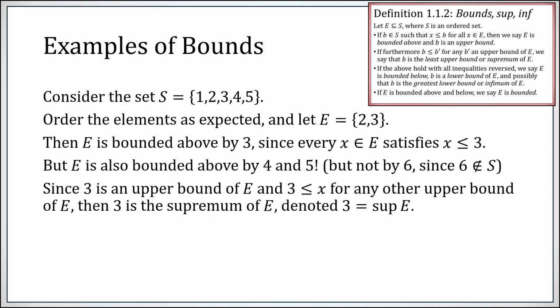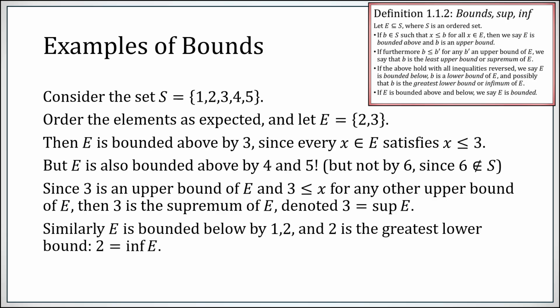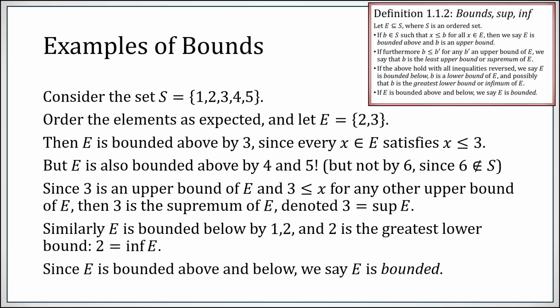So we have found the smallest possible upper bound. In other words, 3 is the supremum of E. Similarly, this set E, which contains only 2 and 3, is bounded below by both 1 and 2. 2 is the greatest of all the possible lower bounds, therefore it is called the infimum. This set E is bounded above and below, so it is therefore bounded.